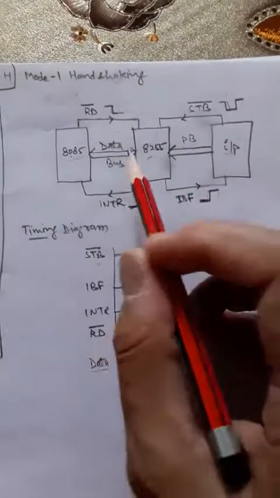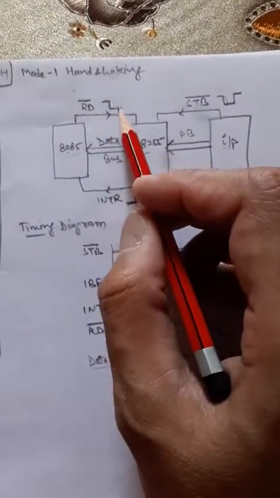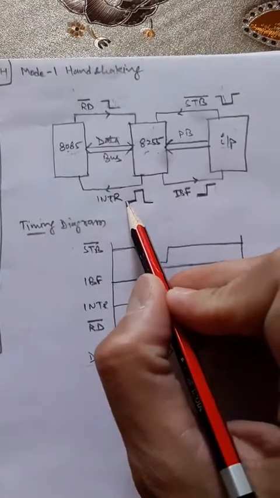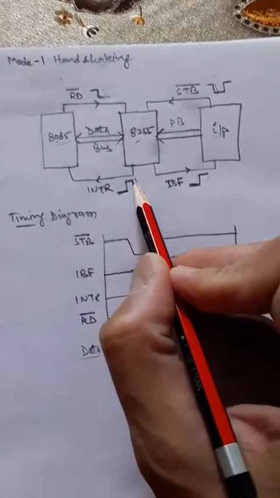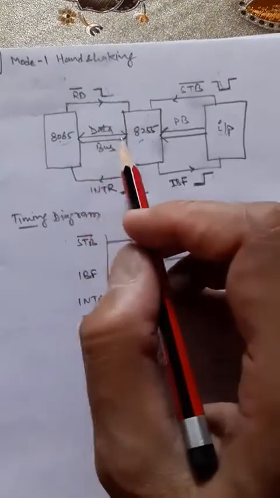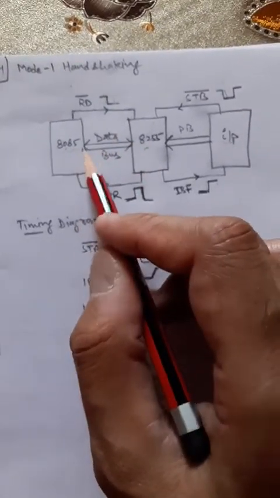So whenever the MPU starts reading the data, the 8255 keeps INTR low, so that the MPU will not read the same data in the next read operation.